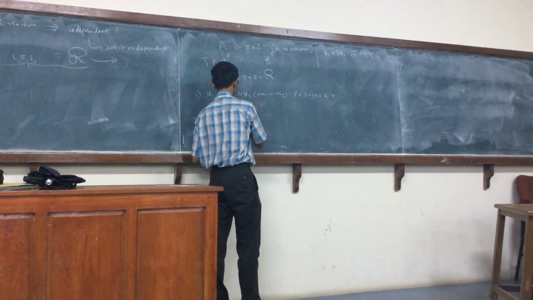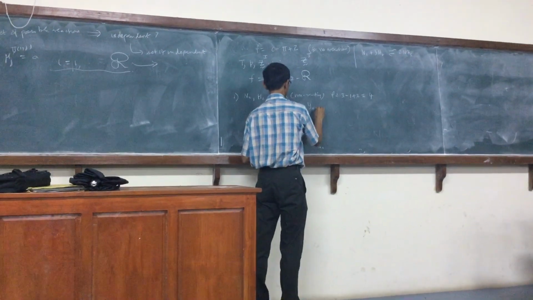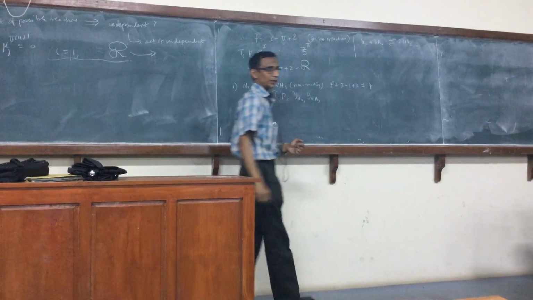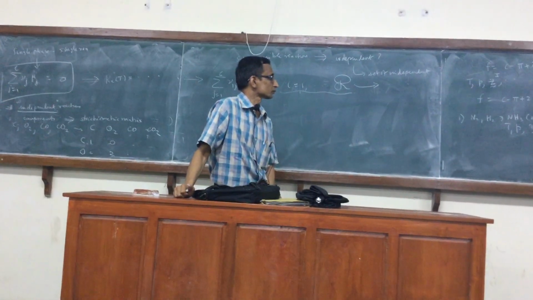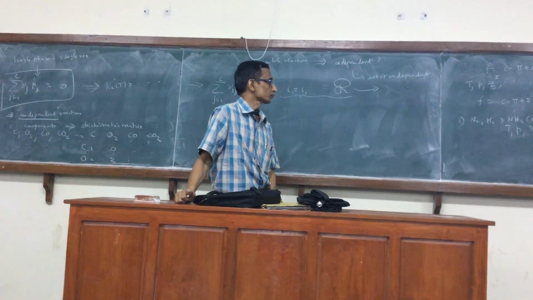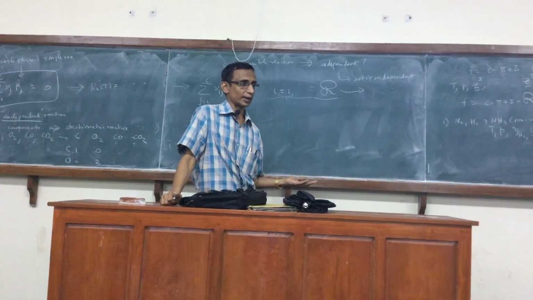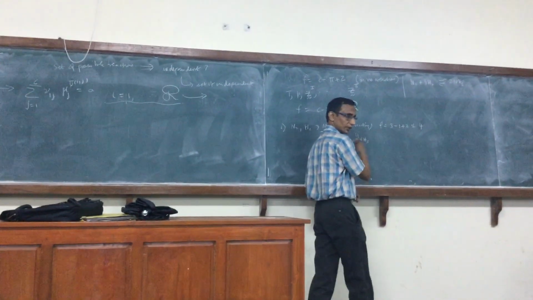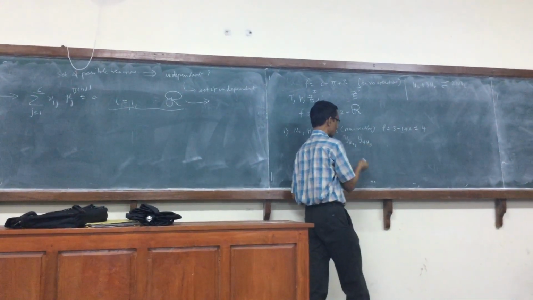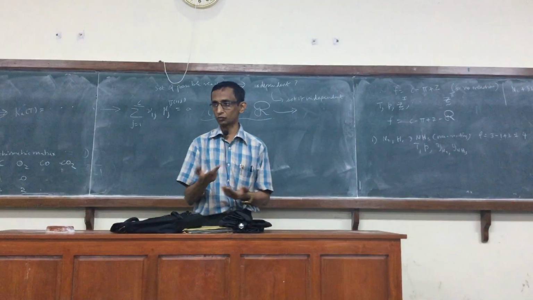T, P, Y N2, and if you want I can put Y NH3. 4 variables. These are the independent variables, there are no constraints, there is a homogeneous mixture, no reaction. So we have F is equal to 4. These are the 4 variables. I can replace Y NH3 by Y H2, or I can have any combination of 2 mole fractions.